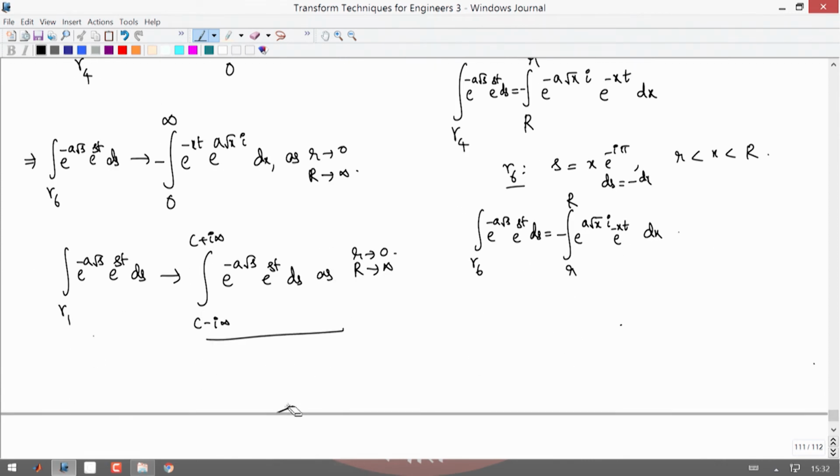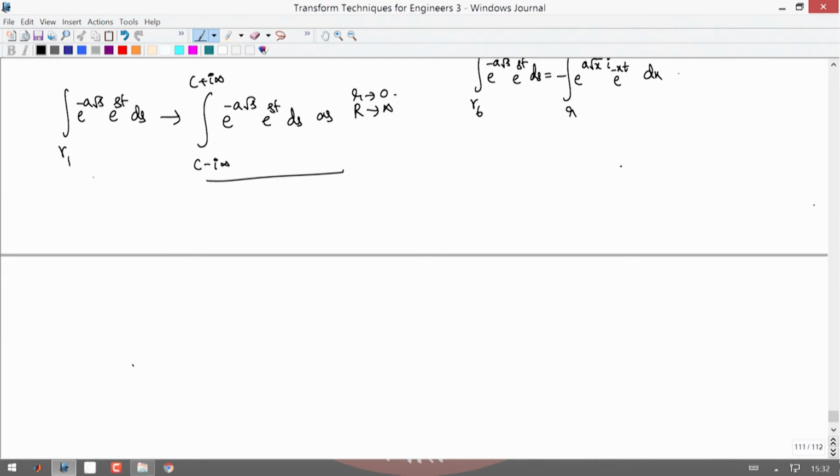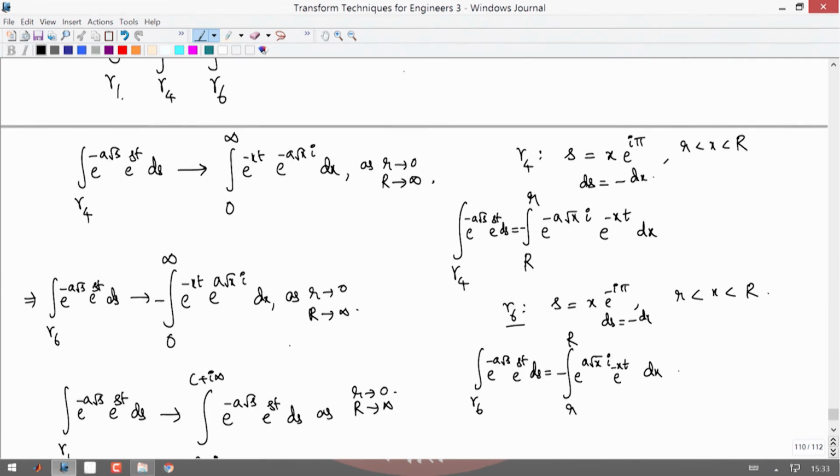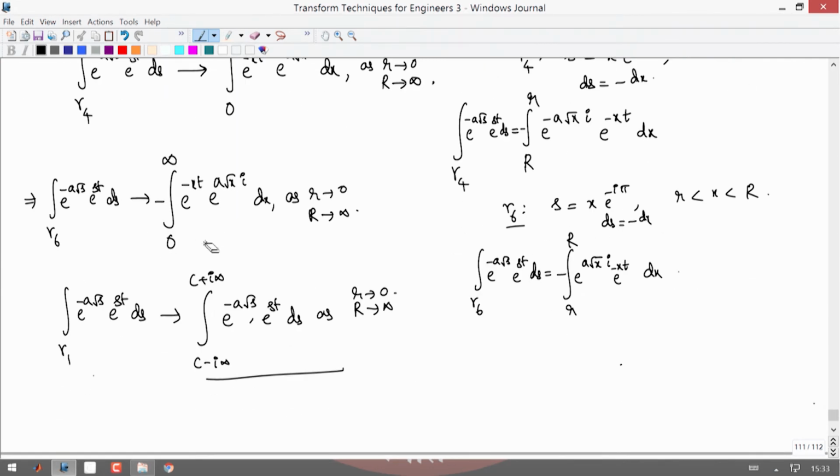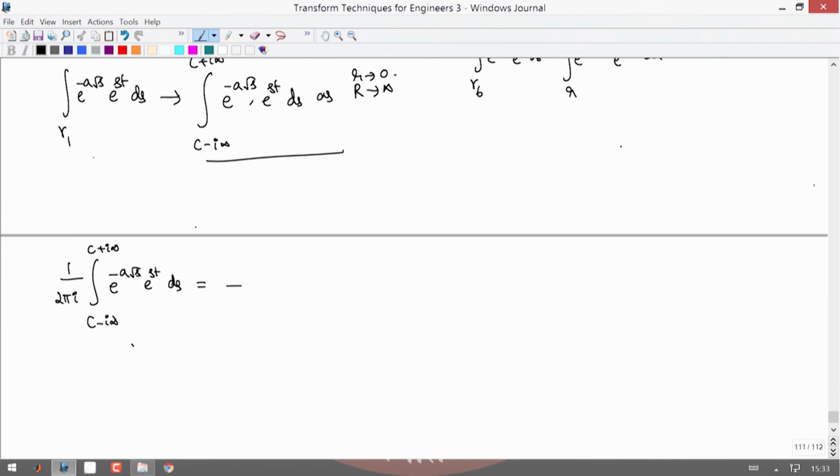So you can simply multiply this by 1 over 2 pi i. The integral over gamma 1, that is from c minus i infinity to c plus i infinity, of e^(-a√s) e^(st) ds is equal to minus times the others. If you take this minus, it becomes plus, and this goes to the other side.